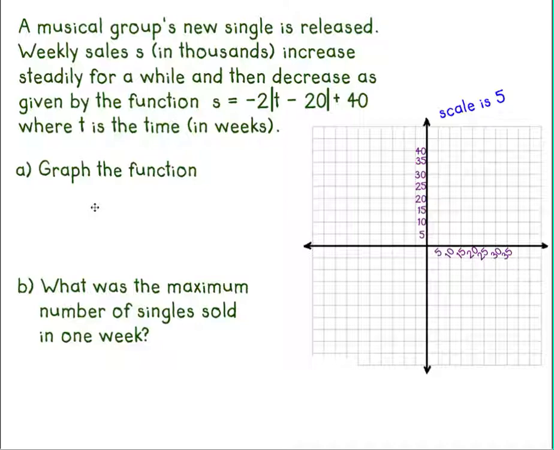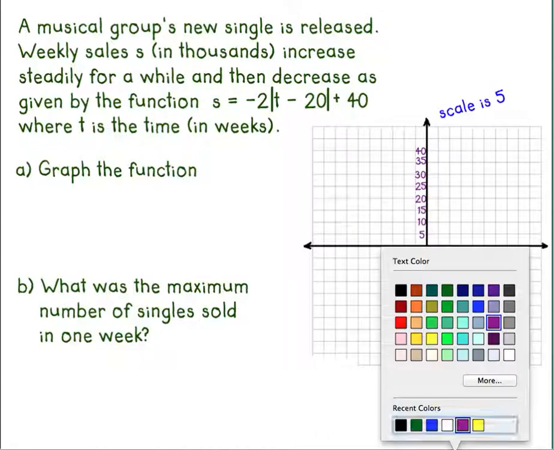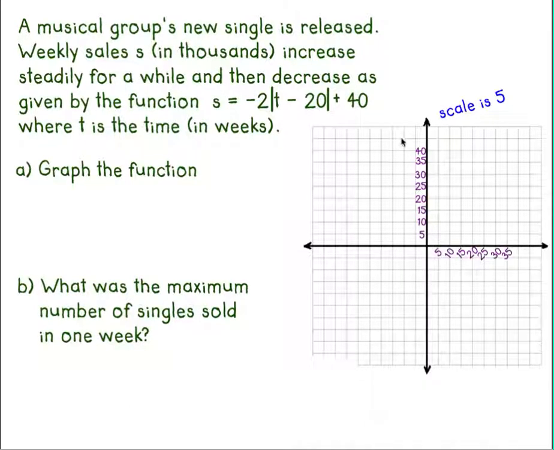So really you should label your axes here, and in doing so, we're going to put on this axis, if the scale is 5, sales in the thousands, and you really could just put 1 and 1, in thousands. And I'm going to change the size of this font in just a second.